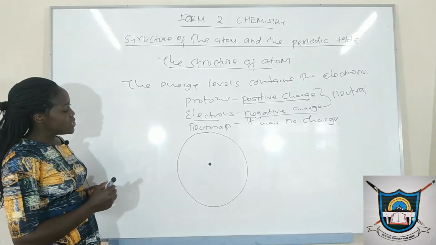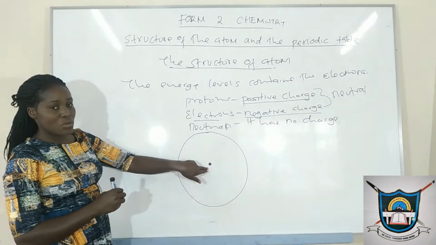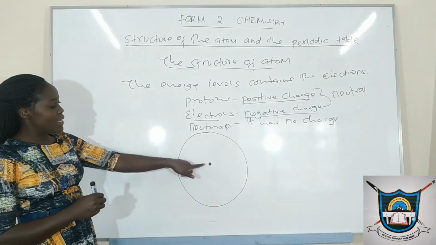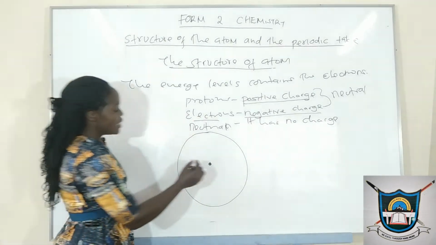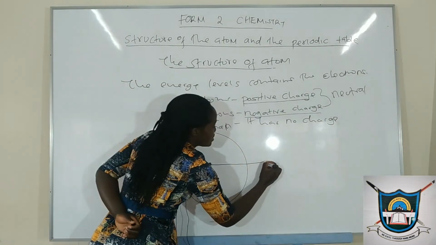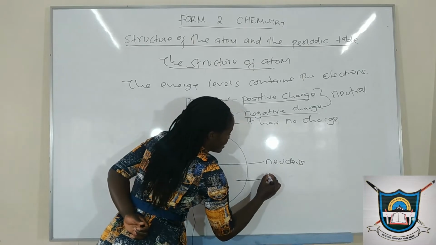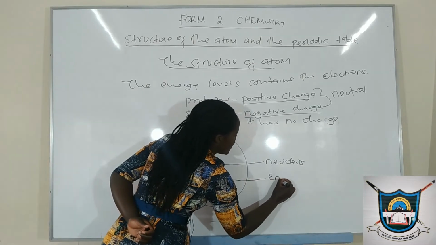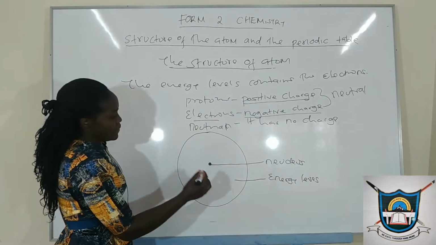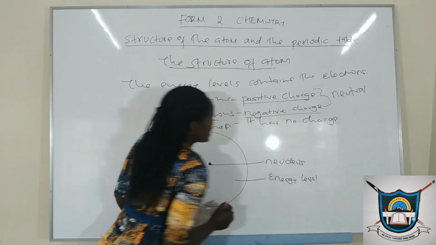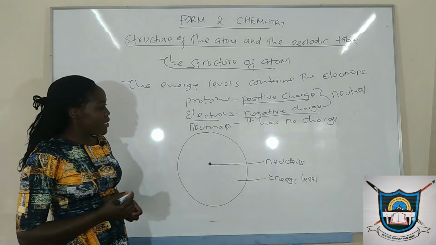So this is the structure of an atom. We said the atom contains two parts, that is the inner region and the outer region. The inner region consists of the nucleus and the outer consists of energy levels. This is the first energy level of an atom, immediately after the nucleus.